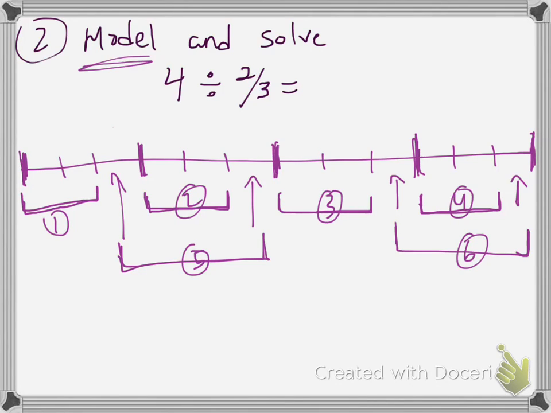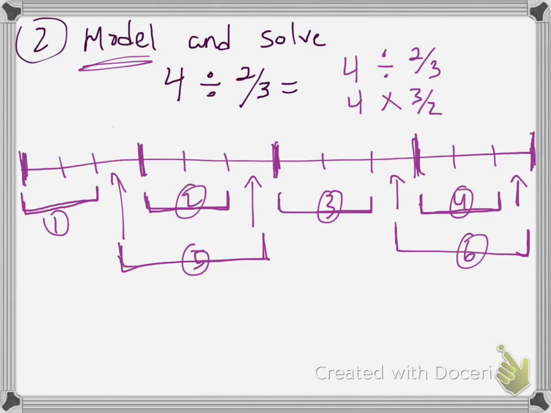That was my model. So some of you like to see things in a picture format. Others of you just want to use the numbers, so I can do it that way too. 4 divided by 2/3. Well, when we divide fractions, we keep, change, flip. So I'm going to keep this, change this, and flip this.